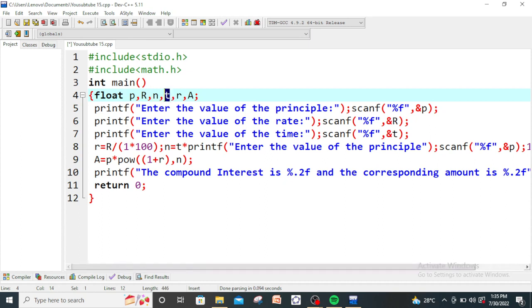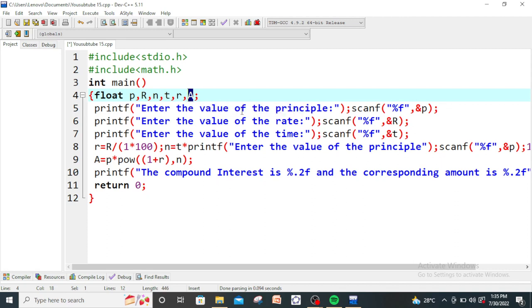T is the time, R is the rate. Here you must note there are two R. This small r stands for that duration in which the compound interest is added to the updated principal. And this A, capital A, is for the amount.